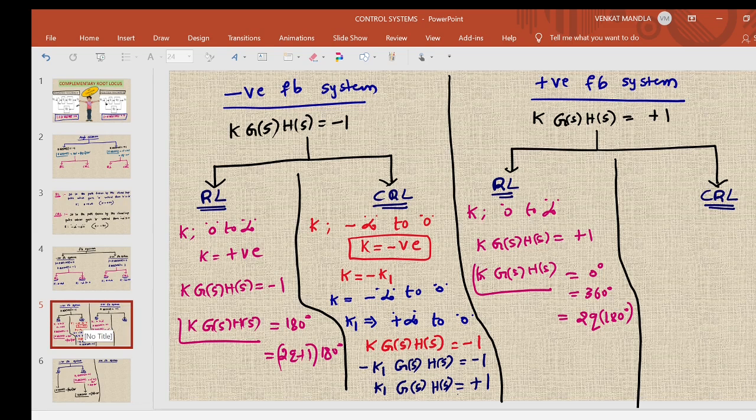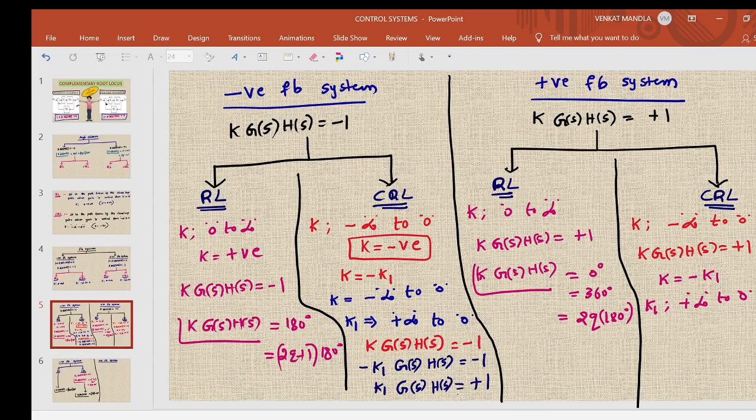Complementary root locus. What is the definition of complementary root locus? We are varying the gain k from minus infinity to 0. But we have k GSHS equal to plus 1. What we will do? I will take k equal to minus k1. Then k1 varies from plus infinity to 0, right?